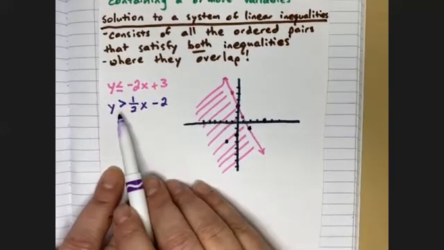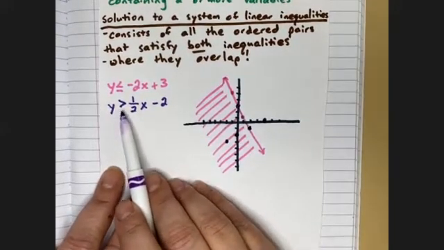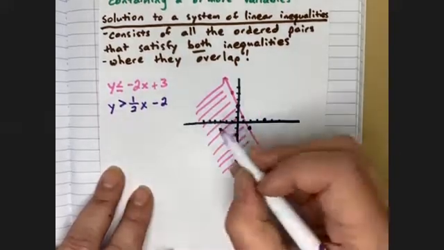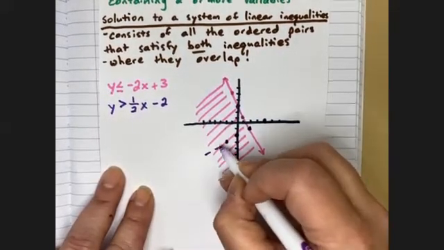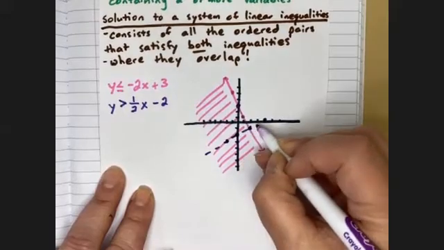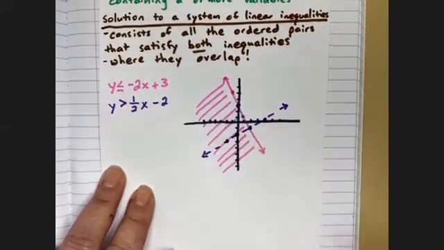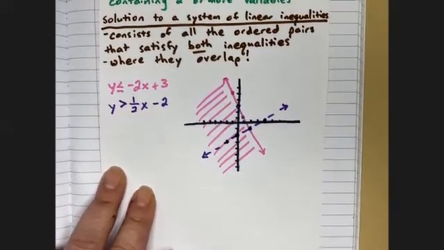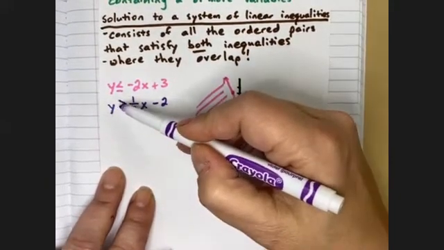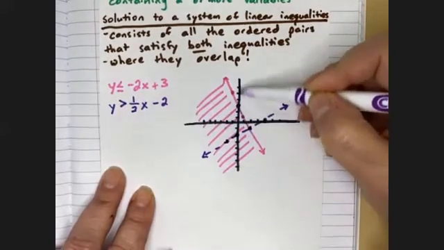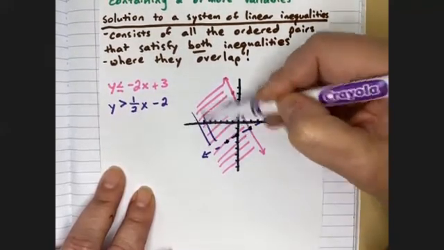Now I need to decide, is this solid or dashed? Well, you see this one does not have the or equal, so it's going to be a dashed line. Now I need to decide, am I shading above or below? And it's y is greater than. Greater than is going to be on this other side.